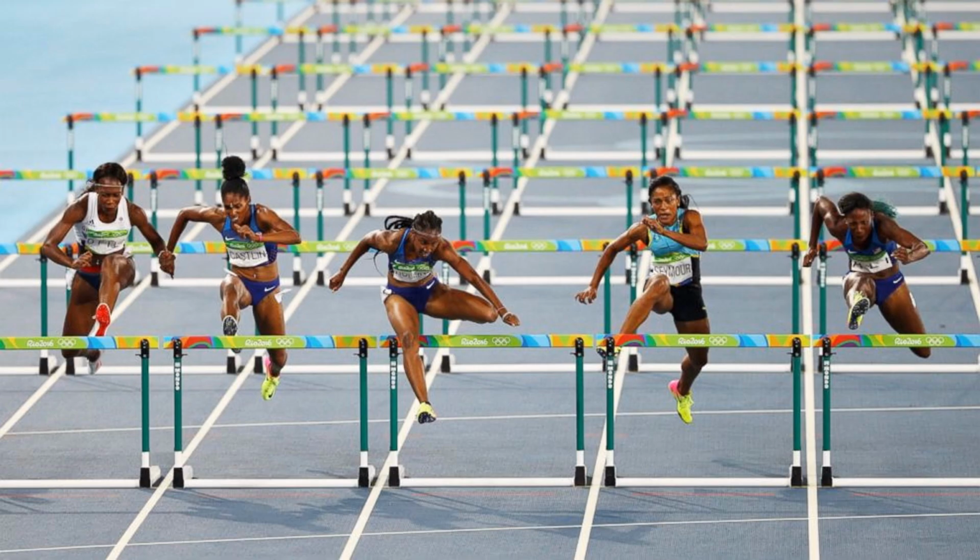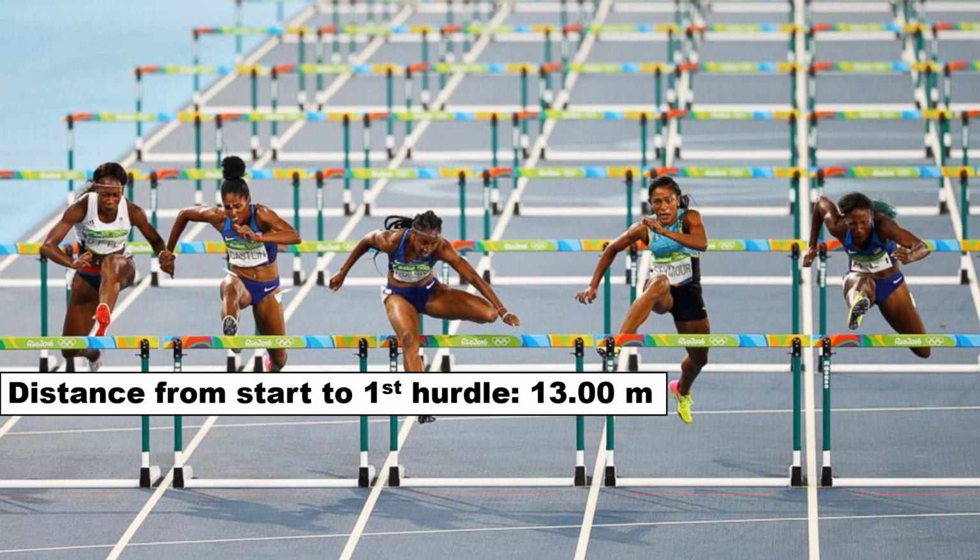Now, as we know, the spacing will be different because in the men category it was 110-meter hurdles, but in the women category the distance of the race is 100 meters. So the distance will be different. The hurdles will be placed at a different distance in comparison to the male event.